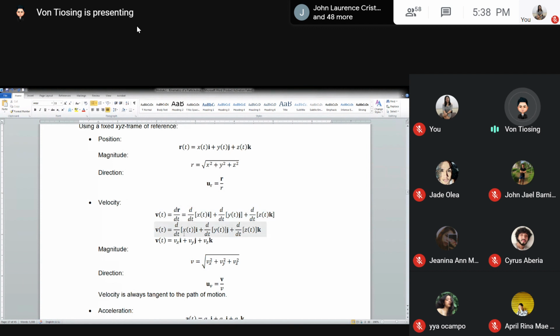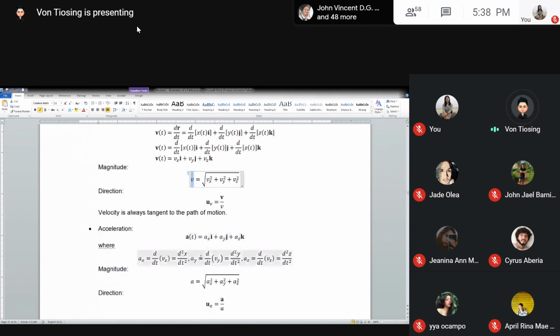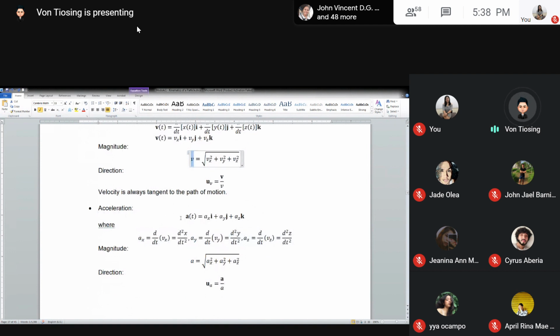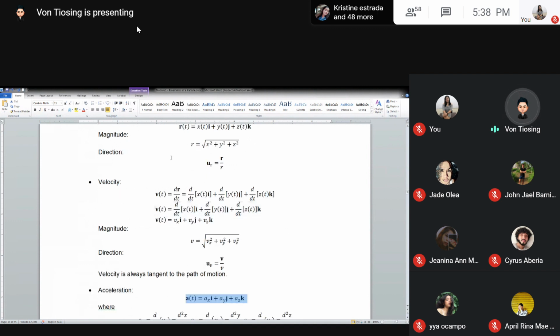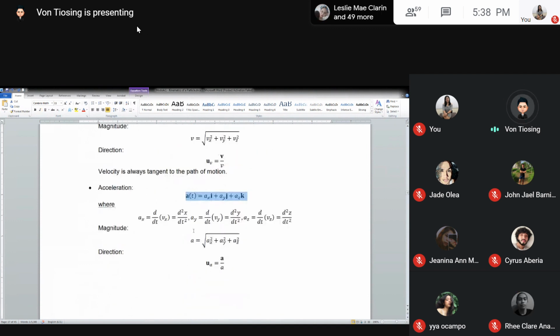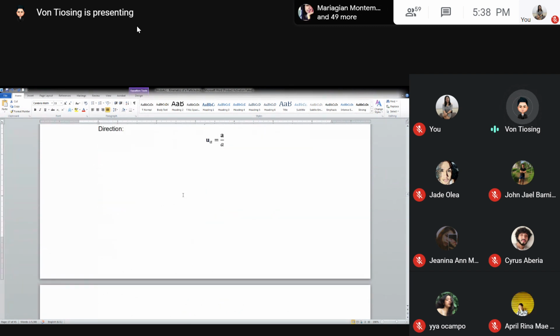Pero pag walang arrow, it is understood that this is a scalar quantity. Kung mapapansin niyo, pare-pareho lang ng atake yung mga formula diyan. They're going to differentiate mula dito papunta dito sa acceleration. At kapag acceleration naman, vice versa, integrate mo naman.